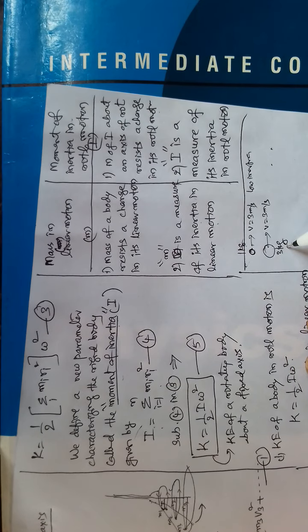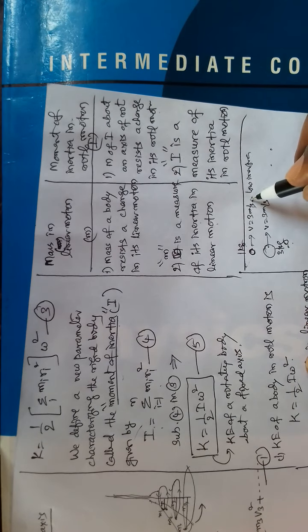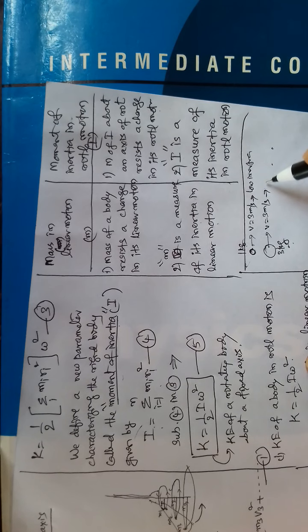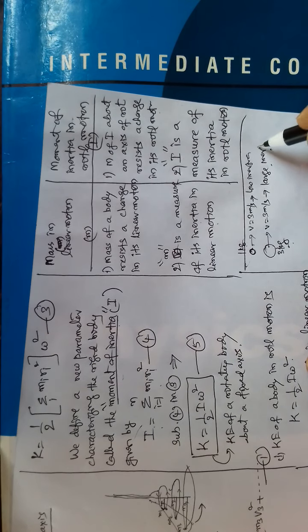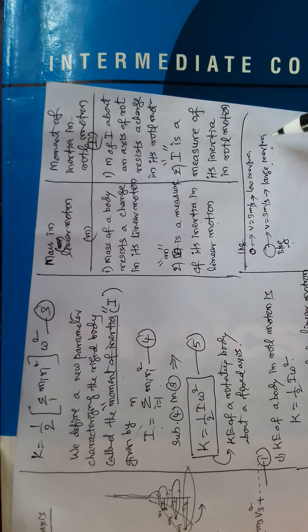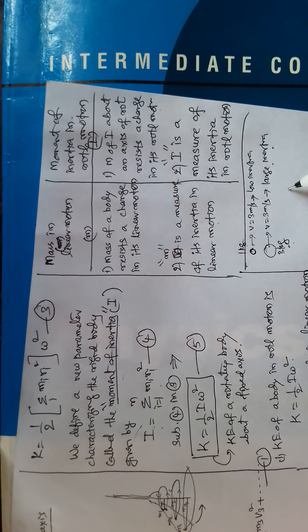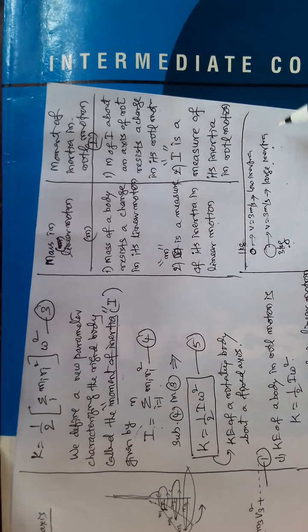Here mass is more, therefore this will have large inertia. What is the property of inertia? Inertia is a property that if it is moving, it resists coming to rest, and if it is at rest, it is unwilling to come into motion.